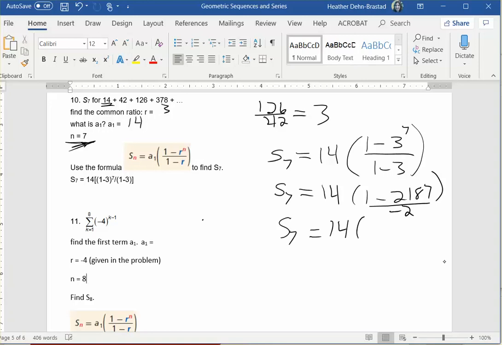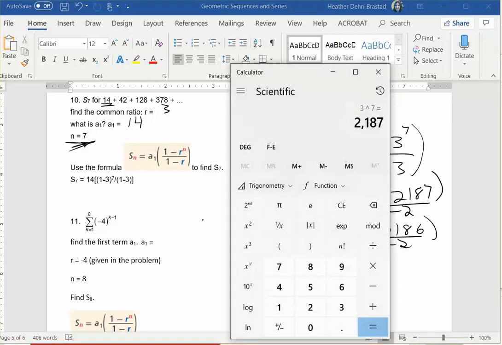So 1 minus 2,187 is negative 2,186. And that's divided by negative 2. So I need 1 minus 2,187, and that number divided by negative 2.